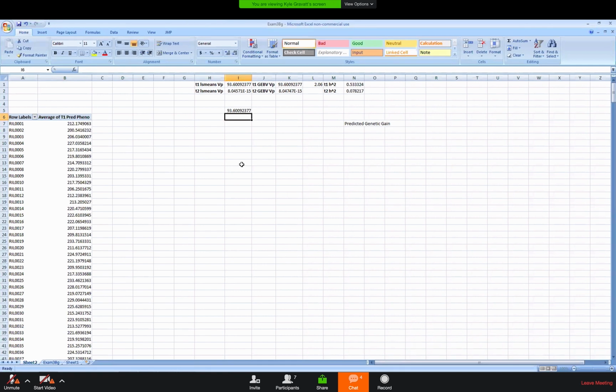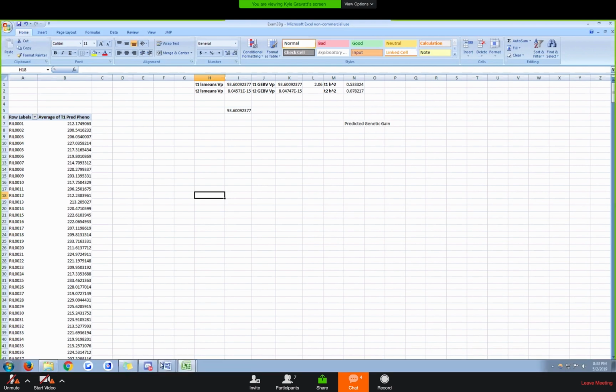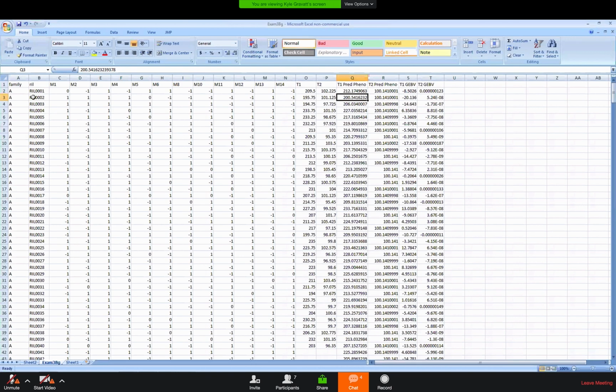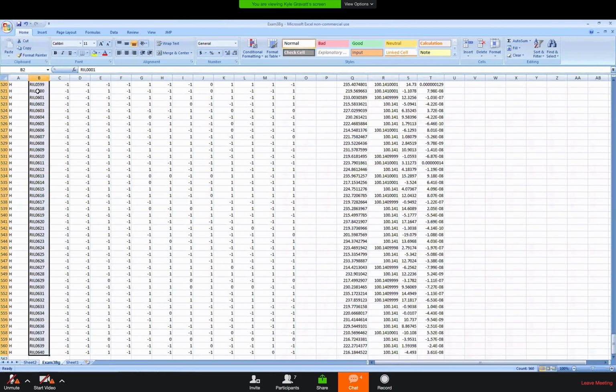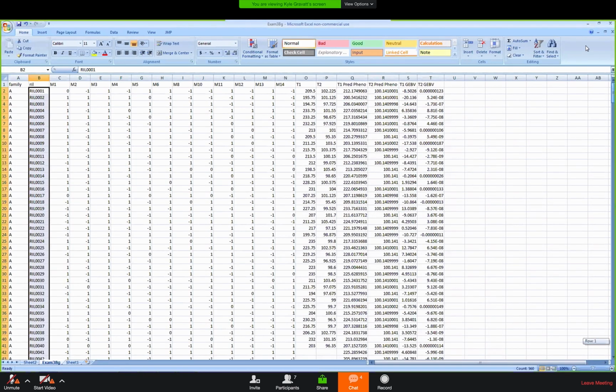How come you only have 500? Because it knocked a bunch of stuff out? Doesn't it only go up to 500? I've got 800. 200 per rep, 2 environments, so 800 total. Oh.